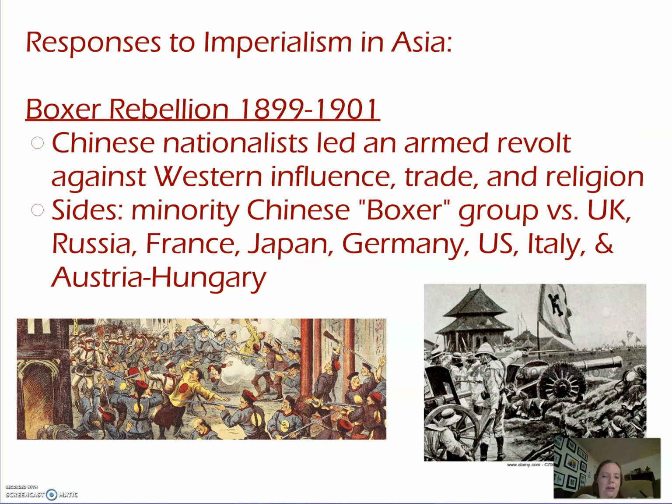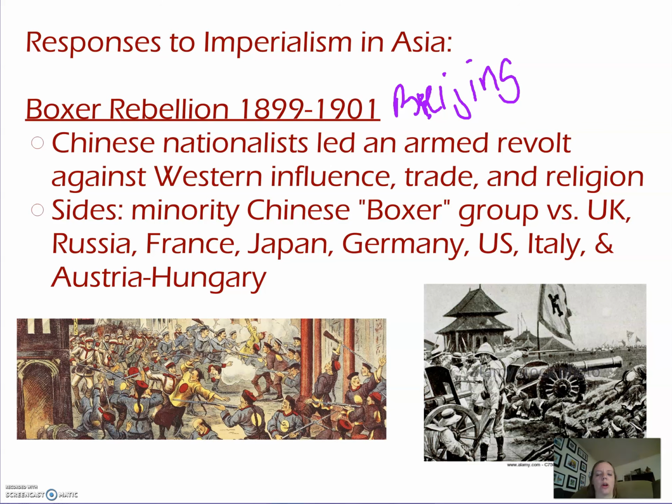All right. So we're going to talk about in Asia how they overthrew some of those systems. So the first is the Boxer Rebellion. The Boxer Rebellion happens in Beijing, where I just spelled Beijing wrong. Sorry about that. This is BEI. But a group of Chinese nationalists, they had this society where they were learning martial arts, and they believed that the martial arts that they learned would protect them from bullets.